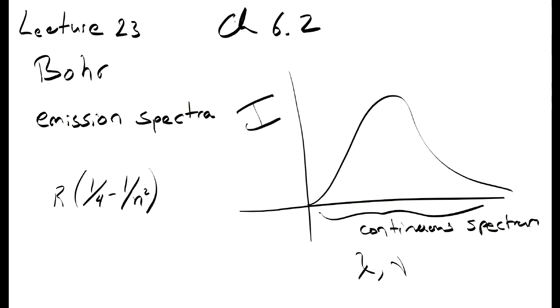Each of those lines represents just some constant multiplied by 1/4 minus 1 over n squared, where n is some integer, a whole number, so long as n is greater than 2. Now, people didn't really understand why it would match that, but they left it as a mystery.